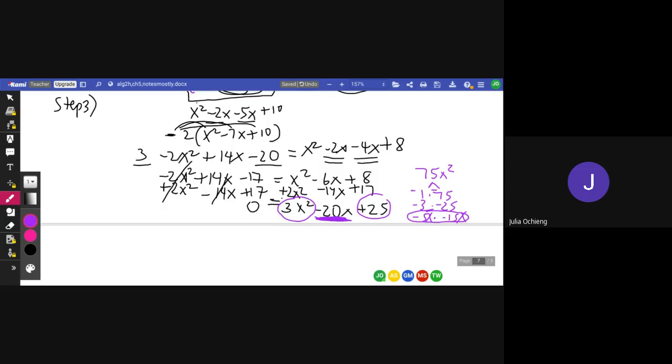So now the next step is to rewrite the original problem, but I'm going to replace the negative 20x with my new pair, which is minus 5x minus 15x. Reminder, this pair always is the same value as negative 20x, so I'm not changing this expression, right? Because negative 5x minus 15x is negative 20x.